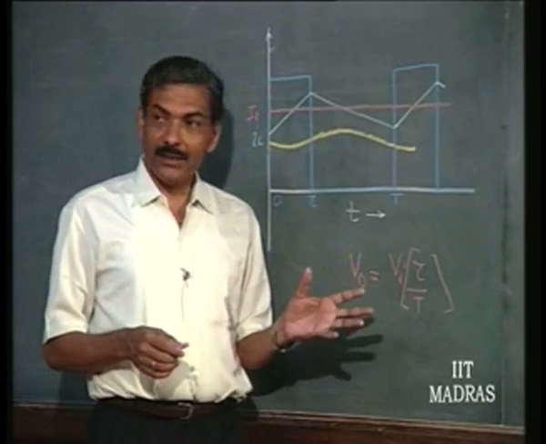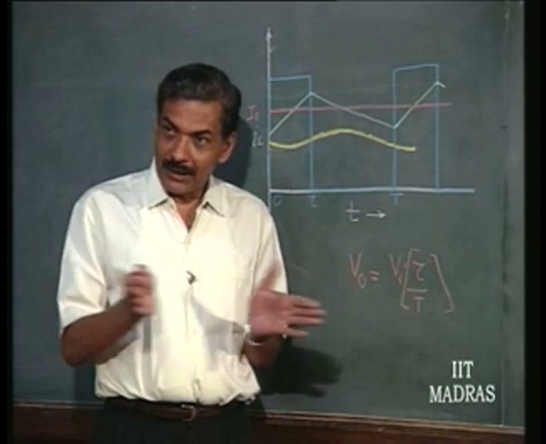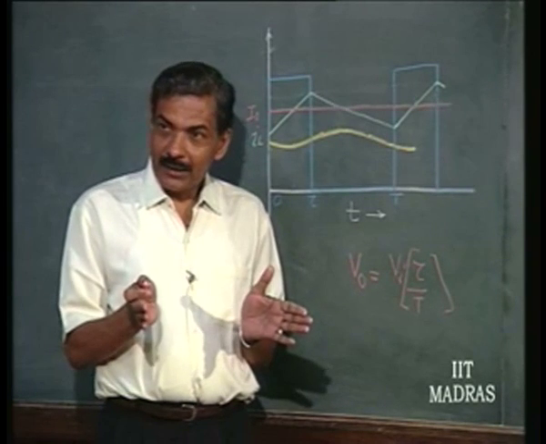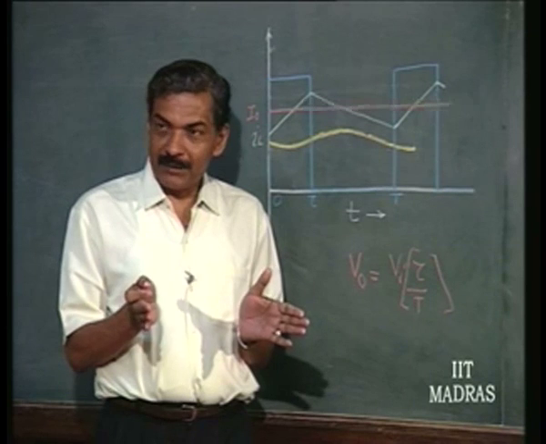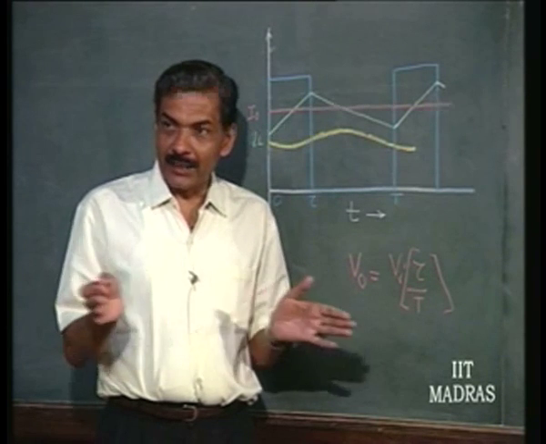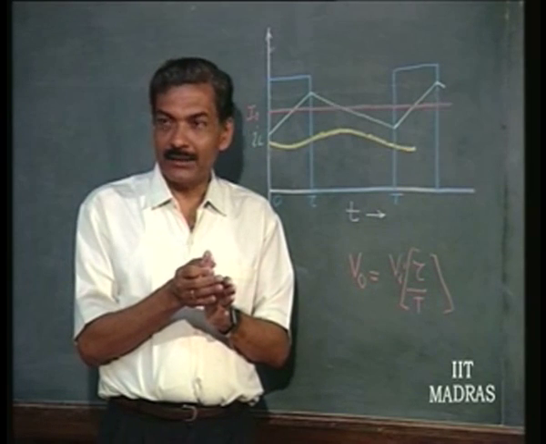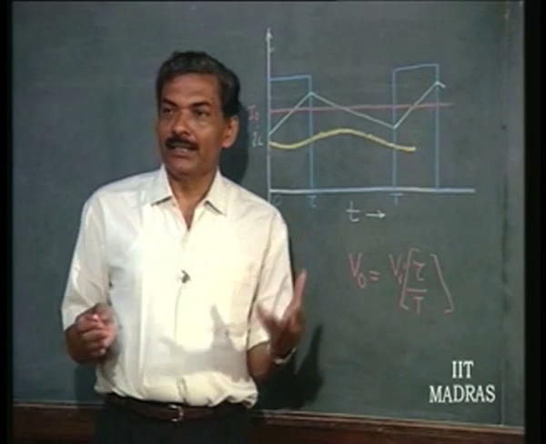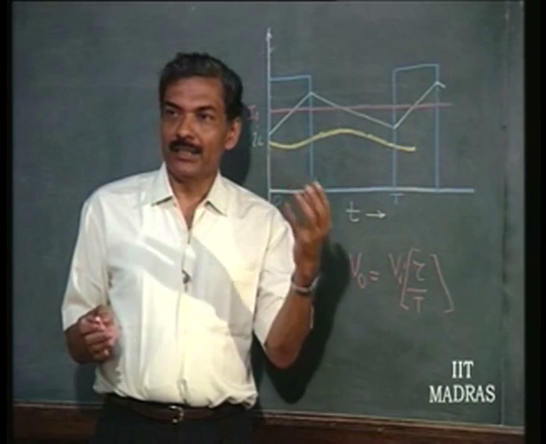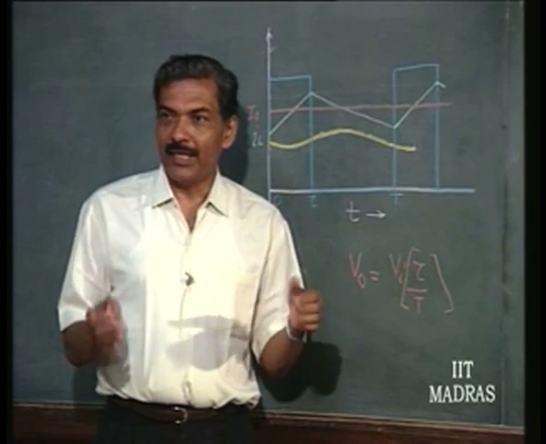So, this is what is done by using this piece of information. Now, how do I do it? How do I actually change the tau by T? That means, now I make sure that the duty cycle for which the transistor is going to conduct is controlled by this information, which is the output sample voltage and reference.